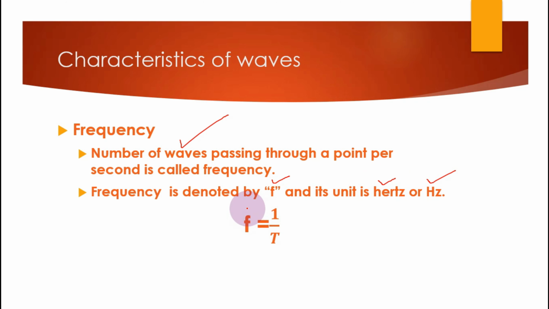And the relationship between frequency and time period is reciprocal or inverse. If there is a wave whose time period is larger, then its frequency will be smaller, and vice versa. Now if you want to see the unit of frequency, which is hertz, the unit of time period is second, so 1 over second becomes second inverse, and second inverse is named hertz in the International System.